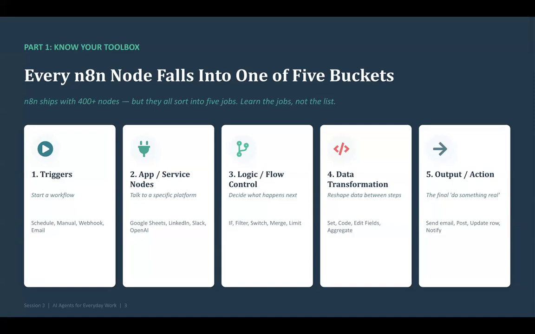Then we have logic control nodes. So these are just conditionals. If you are familiar with a little bit of basic coding, conditional statements like if x is equal to 3, then execute this, or if y is equal to x, then do this, else do this. So that is kind of what it is.